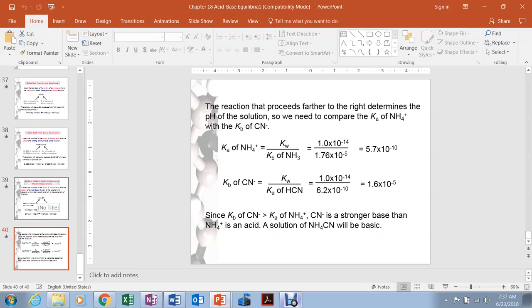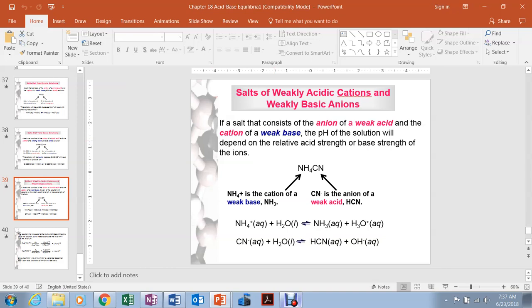That's what happens, because in this one, here, this is a conjugate acid of a weak base. So it's going to produce a hydronium in water. And this is a conjugate base of a weak acid. It's going to produce OH. But which type of solution, a weakly acidic solution or a weakly basic? Well, it's going to depend on the Ka of NH4 as a conjugate acid and the Kb of the CN.